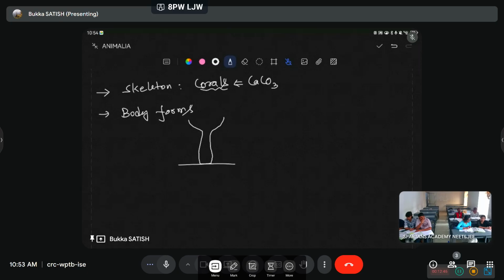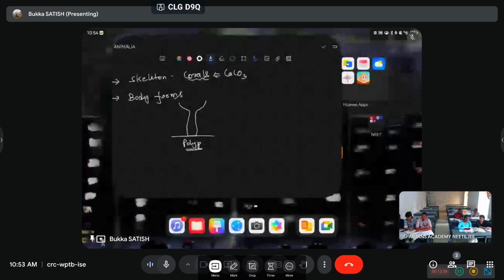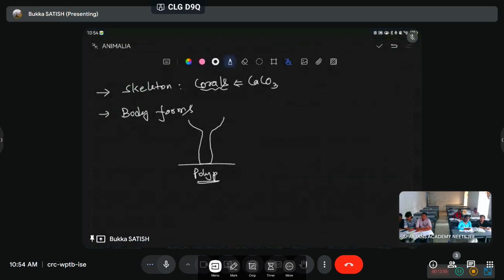This is one possible form, which is called polyp form. The animals like Aurelia, Aurelia is jellyfish, they have free swimming forms. They'll be having a shape like this.